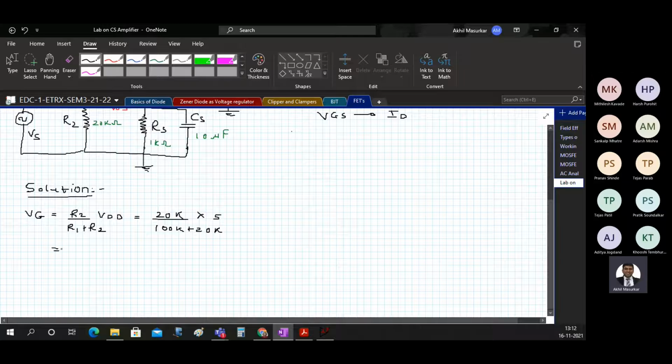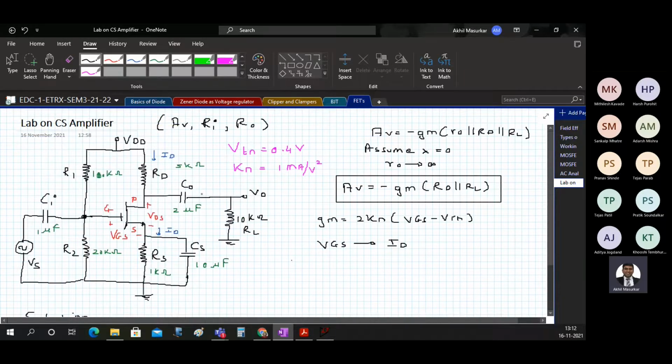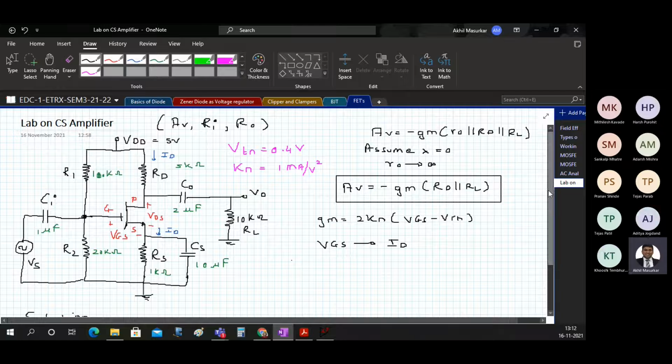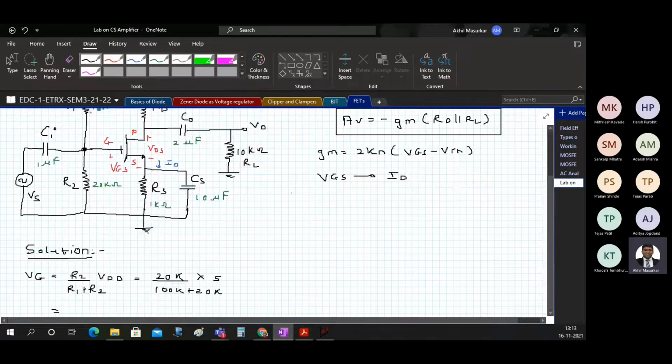So VDD is 5 volts. Can you tell me how much is the value of this? This will be 5 by 6. So it should be 0.8333 volts.